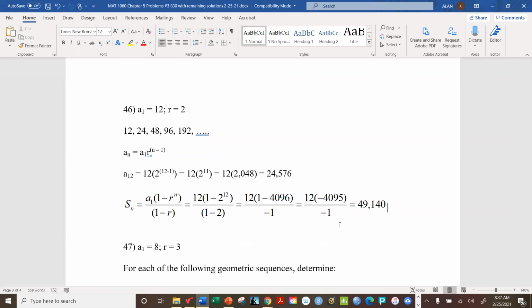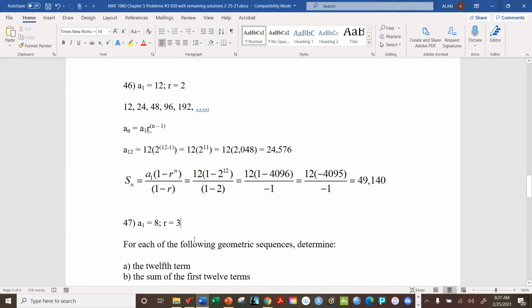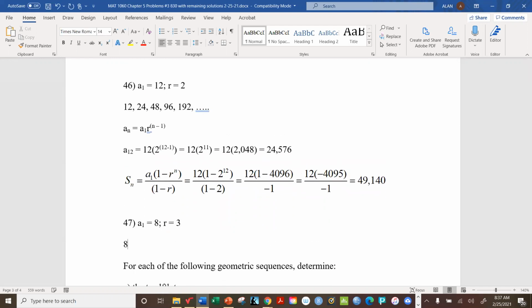Very good. Now the next one is exactly the same, except for the numbers, of course, but it's the same procedure. So in other words, we'll start by writing out the first 5 terms: 8, 24, 72, 216, 648.